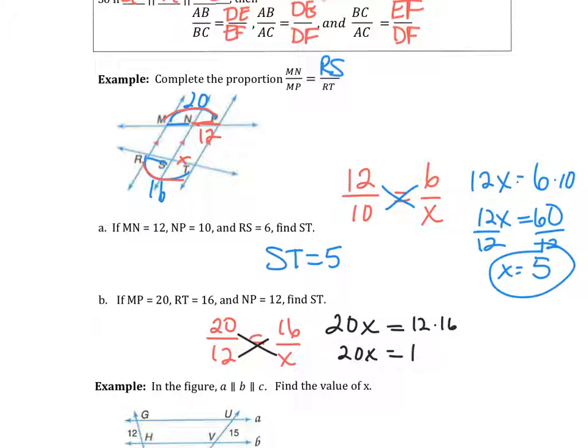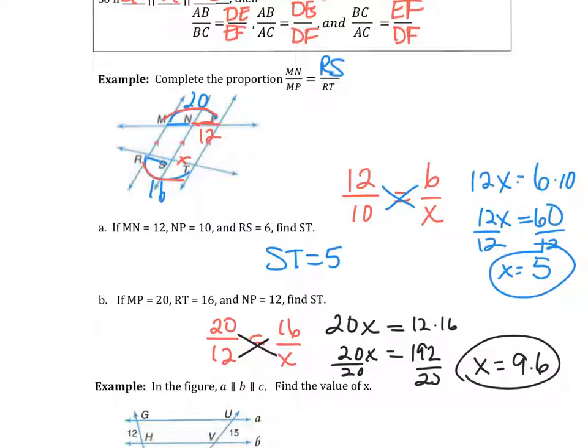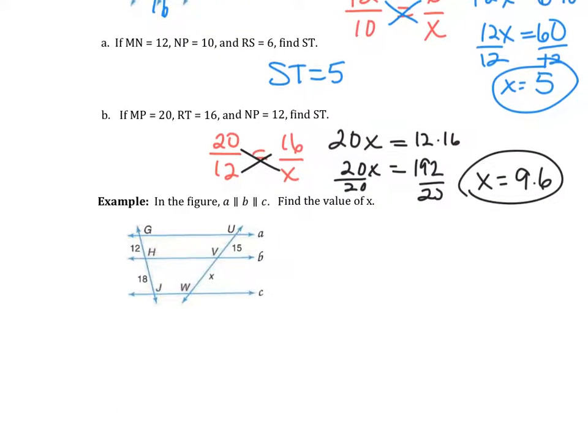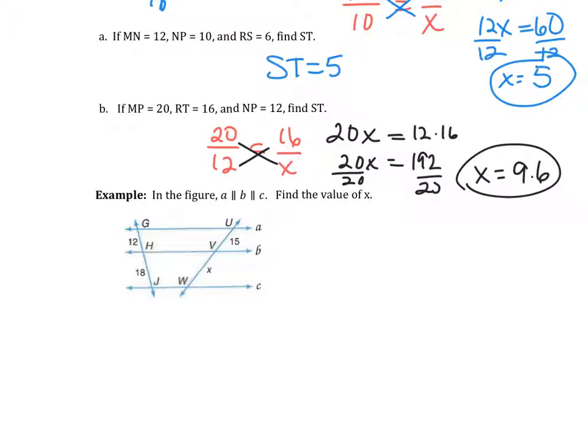We've got 192. Divide both sides by 20. And I've got x is equal to, I'm going to have a decimal here, of 9.6. All right, so again, since I've got three parallel lines cut by a transversal, I can set up those proportions.